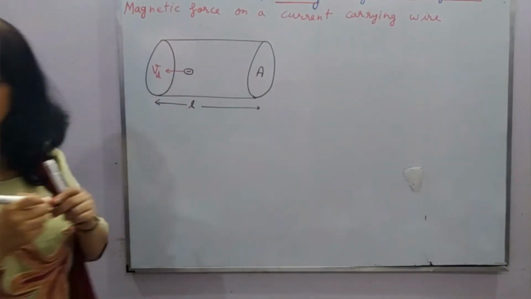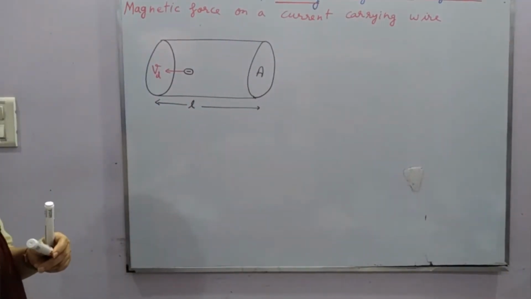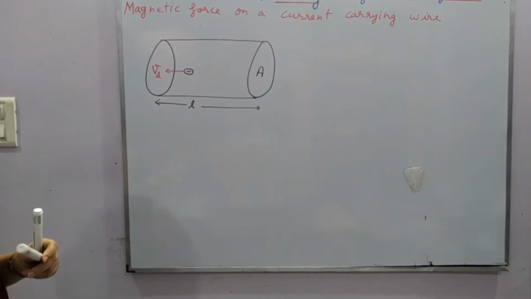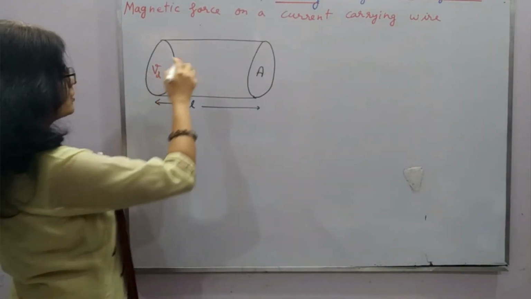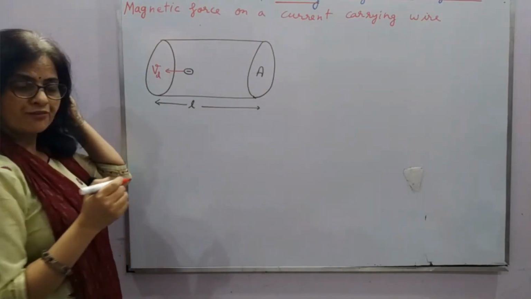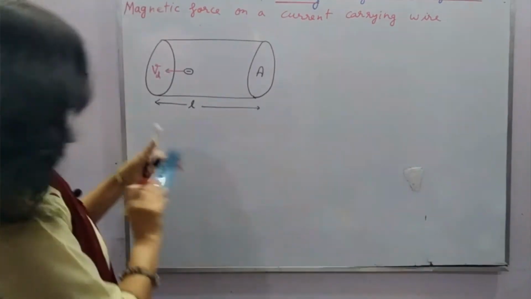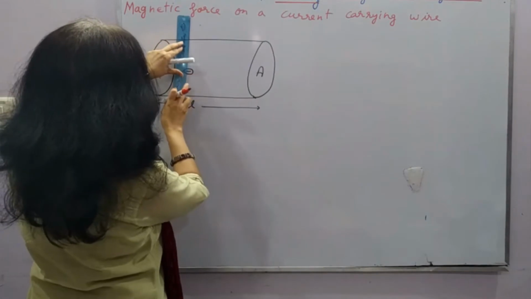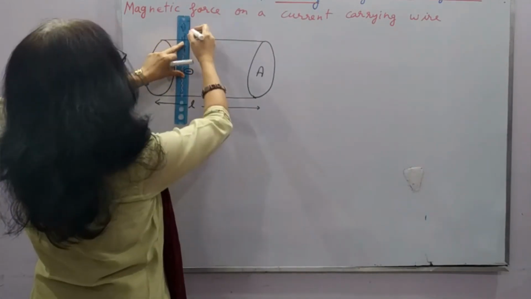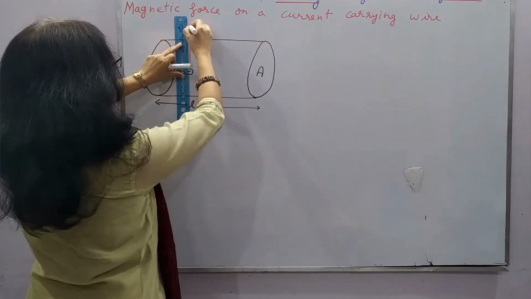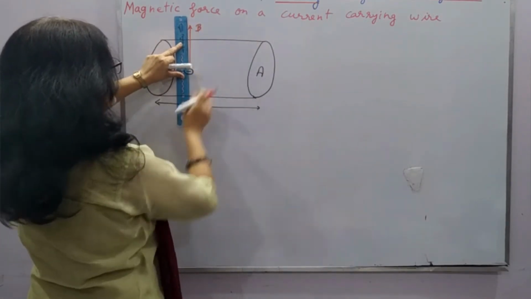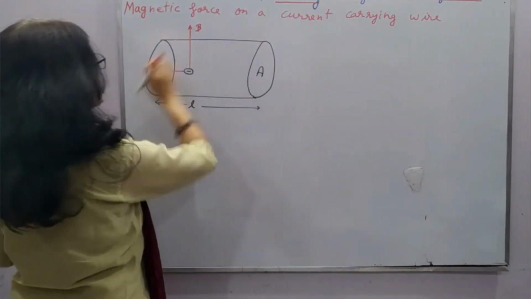Okay, so for that we have taken a small piece of wire. Suppose the magnetic field is in this direction, suppose, right?